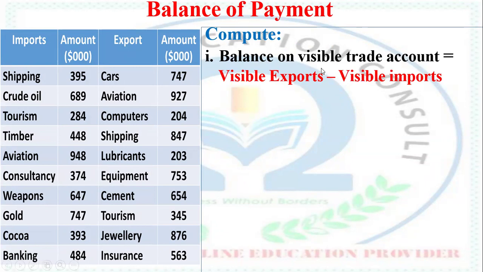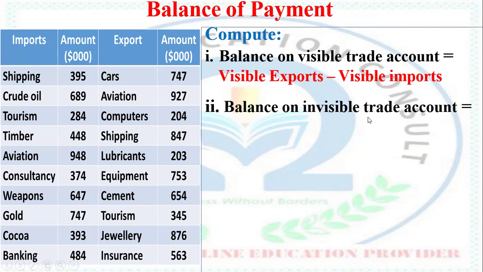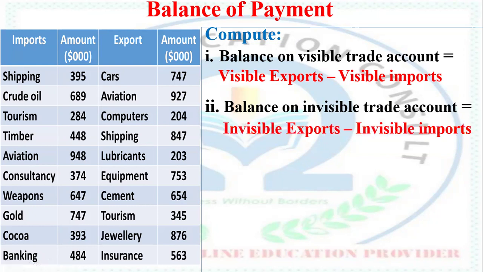And because it is visible, we only capture the visible goods. Then the next one is to calculate the balance on invisible trade accounts. The balance on invisible trade account is computed by using the formula: the monetary value of invisible exports minus the monetary value of the invisible imports.